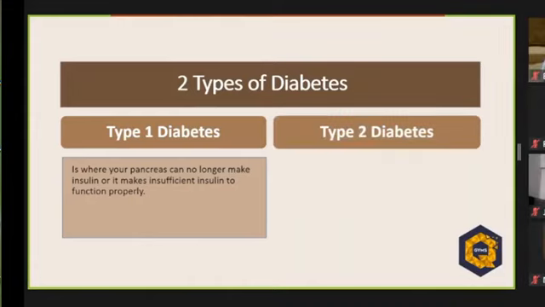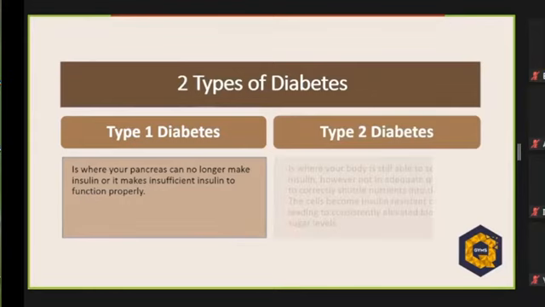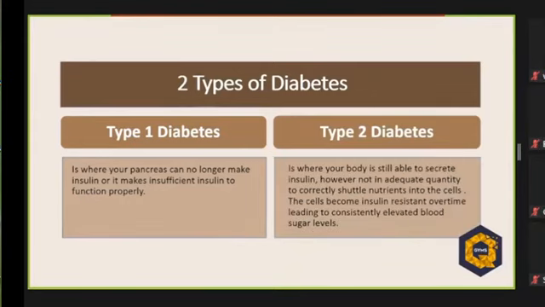Now, the one we are most interested in is type 2 diabetes. In type 2 diabetes, our body creates insulin, but not adequately. It will basically secrete way more insulin than we need to get the job done, which will elevate our blood sugar levels much more than they need to be. This leads to insulin resistance in the first place. People say pre-diabetes, but pre-diabetic means having insulin resistance.